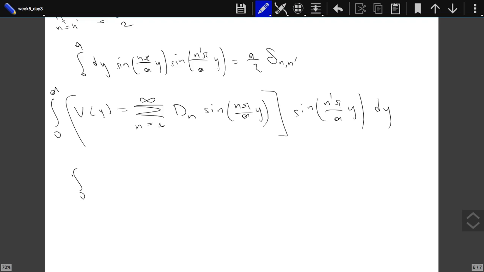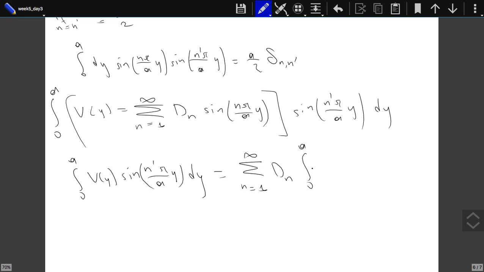And that will tell you that the integral from 0 to a, v of y sine of n prime pi over a y, should be equal to the sum from n is equal to 1 to infinity of dn, the integral from 0 to a of sine of n pi over a y, sine of n prime pi over a y, dy. We had already evaluated that integral.